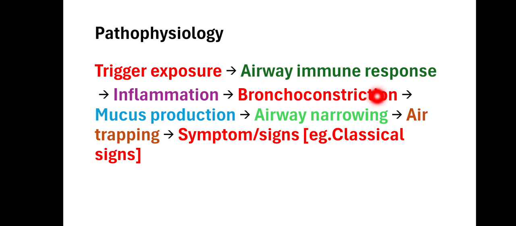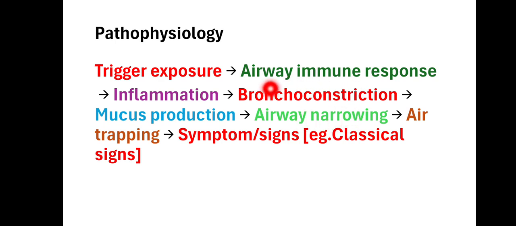After bronchoconstriction, remember these same triggers induce the leukotrienes, the interleukins and everything. Those are the major mediators of mucus production in the goblet cells of the airways. So now there is going to be mucus production. Once mucus has been produced, the airway is going to narrow down. How?